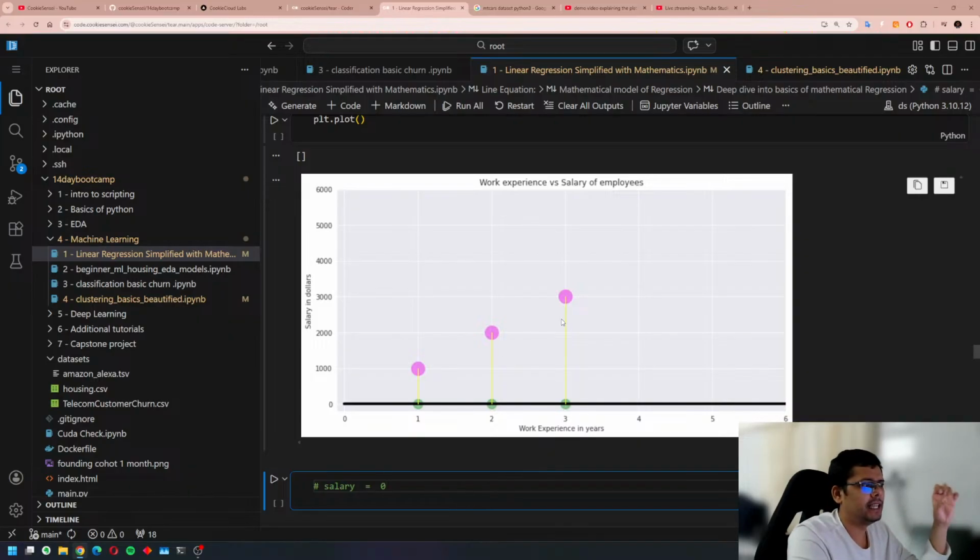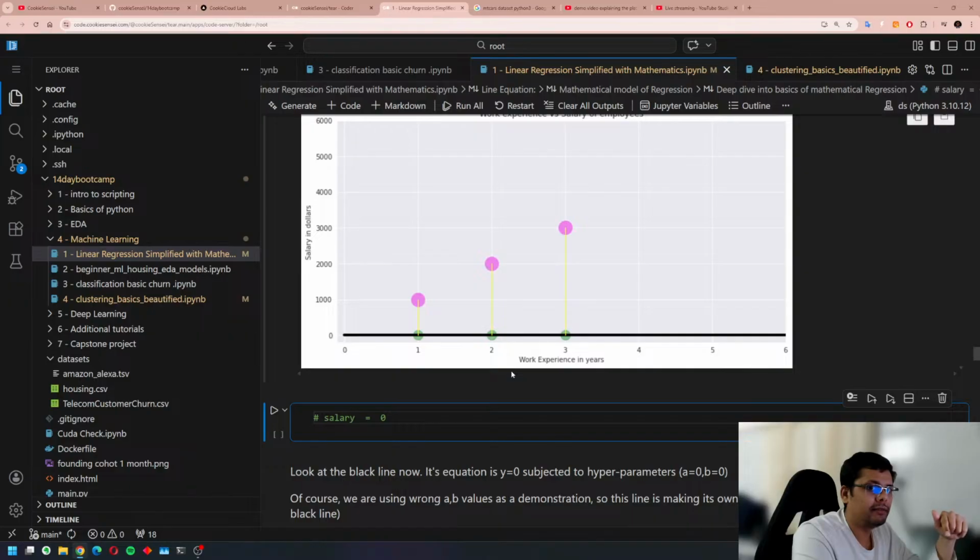And as a good practice, we take squares of error because, let's say, if you have positive and negative differences between these, the positives will cancel out the negatives.